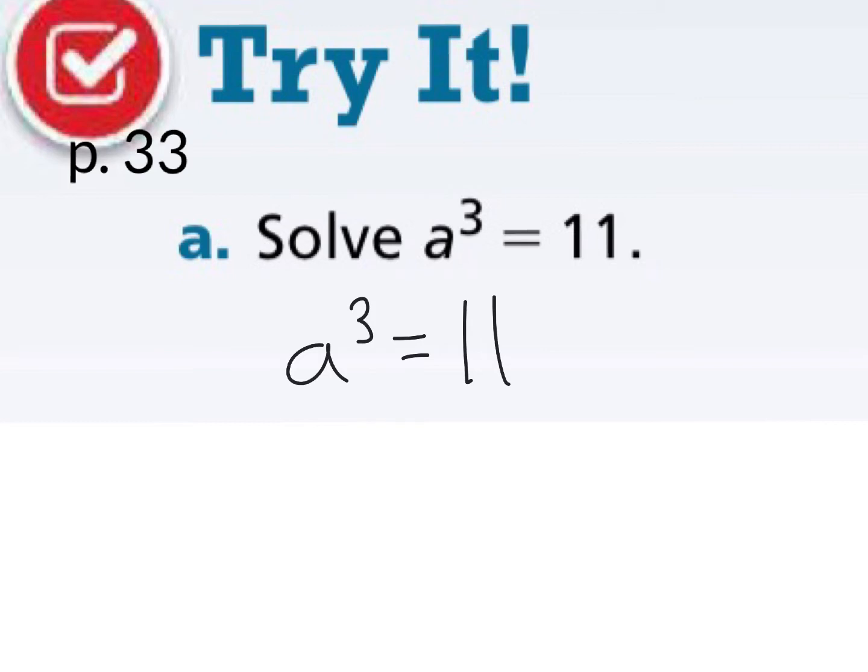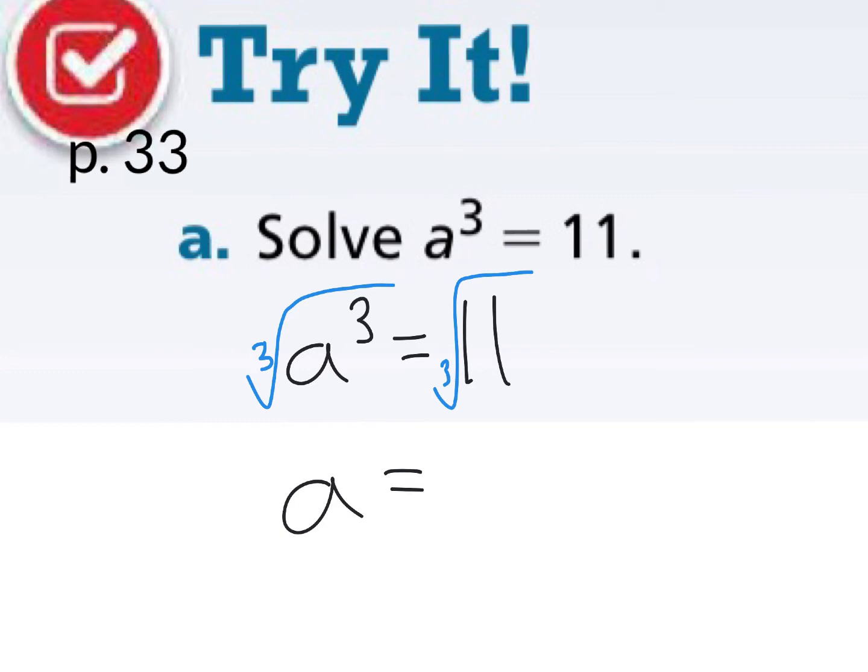So this one, the variable is being cubed. To get rid of the cube, we're going to need to take the cube root. Cube root on both sides of our equation keeps our equation balanced. Okay, so cube root and the cube cancel each other out, which just leaves us with an a.